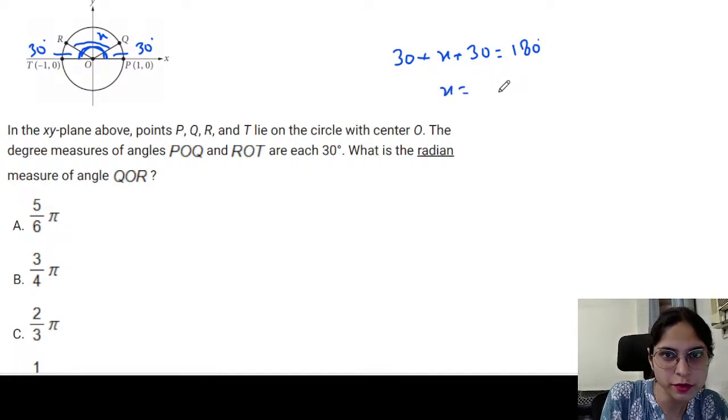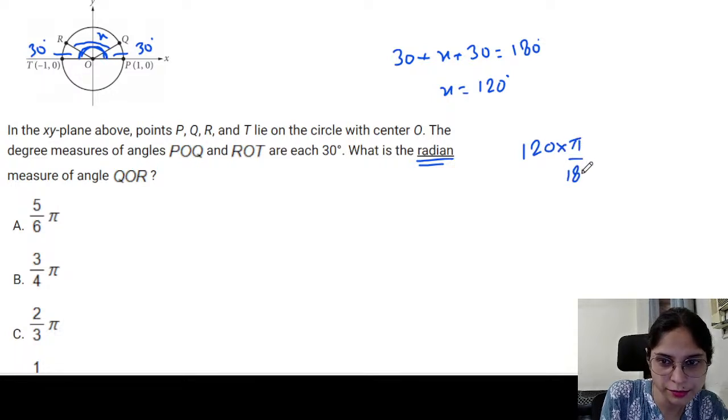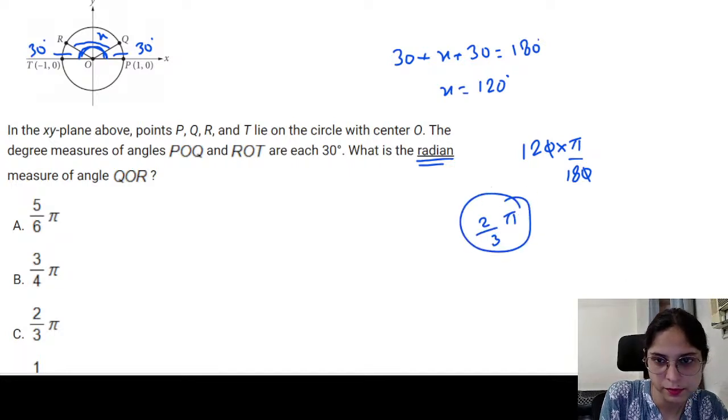So x is going to be 120 degrees because 30 plus 30 is 60, 180 minus 60 is 120. Now you just have to convert it into radians. So it's going to be 120 times pi over 180. So 2 over 3 pi. This is the answer.